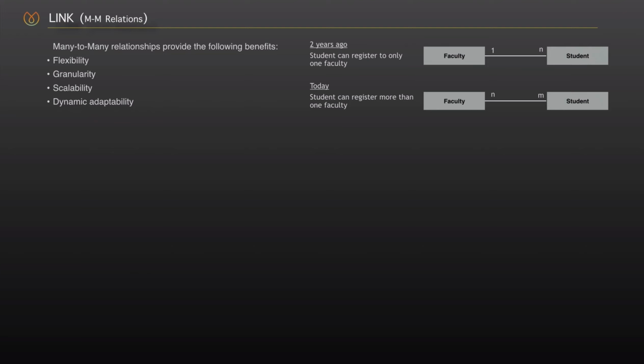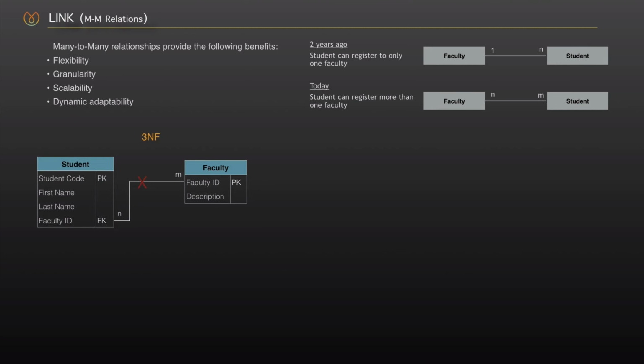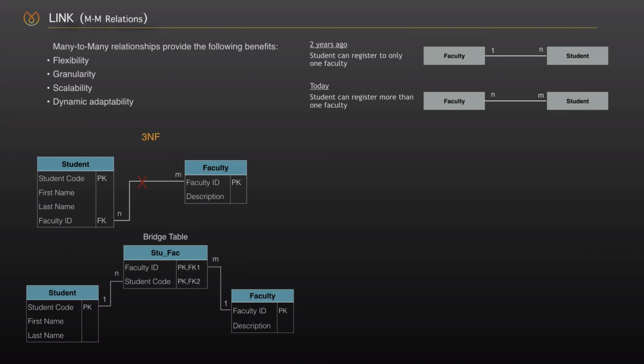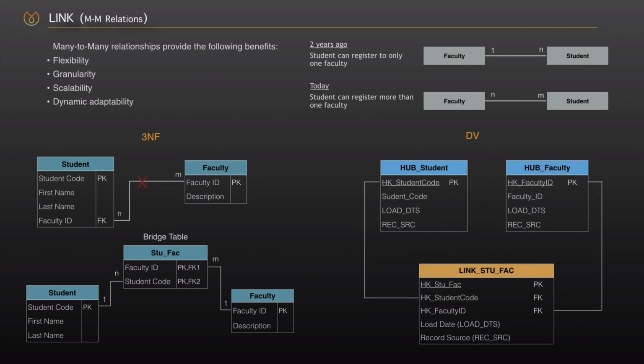These kinds of changes in the business processes of a company occur frequently. And do you remember how we solved many-to-many relationships in 3NF models? We used bridge tables. You may notice here that bridge tables are very similar to link tables. Both include many-to-many relationships, and we insert the primary key columns from the parent tables into the bridge or link table.